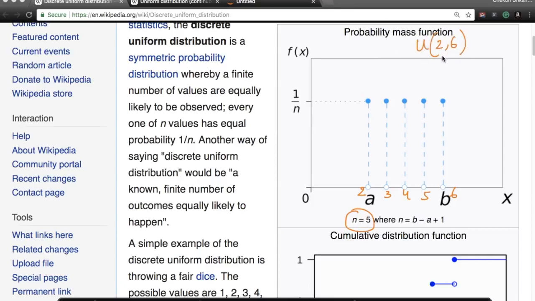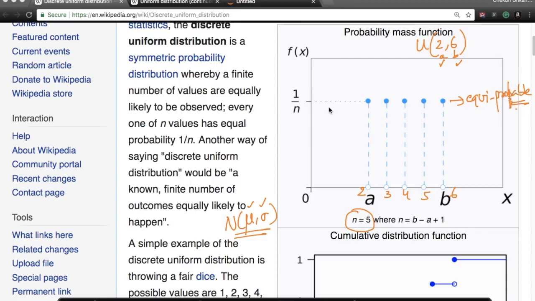These are the two parameters: this is A and this is B. Just to quickly recap, these are called the parameters of the distribution, just the way a Gaussian distribution has mu and sigma as the parameters. If you know the parameters, you know almost all the information that you need to know about the distribution. Similarly here, if somebody gives you A and B, you know everything about the distribution. In a uniform distribution, all of the values are equiprobable.